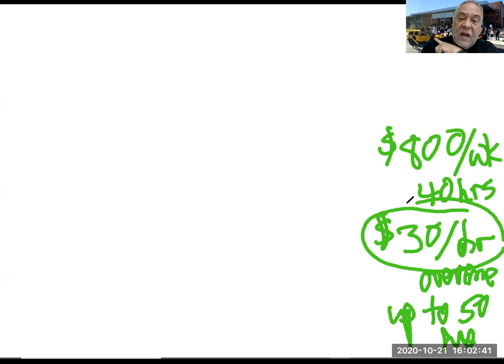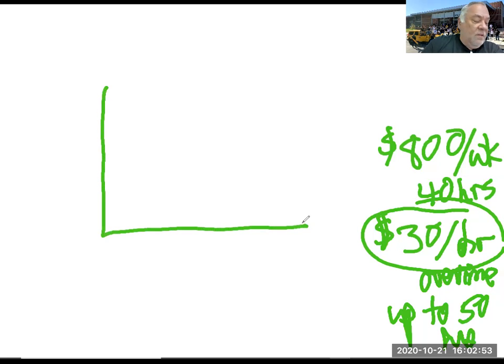What would the graph look like with his total pay, including a maximum of 50 hours? This is his pay.